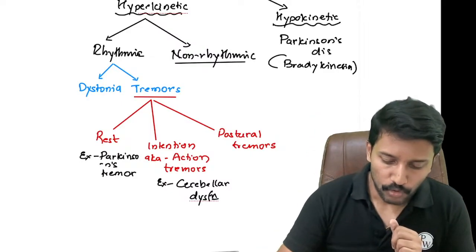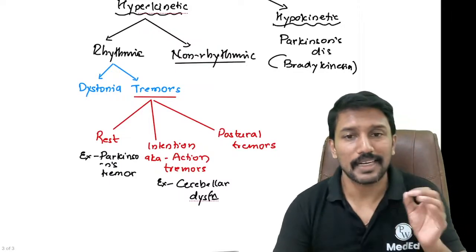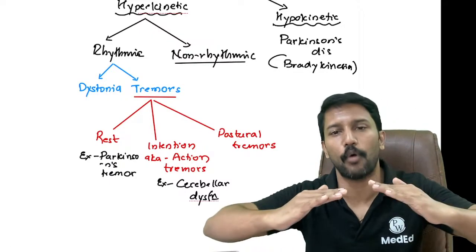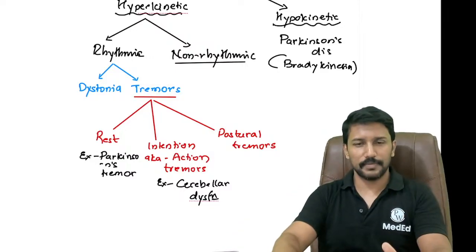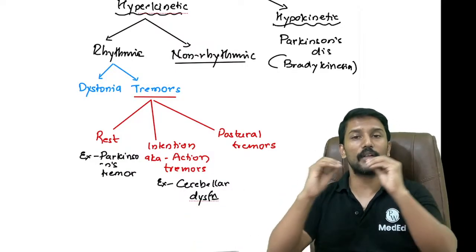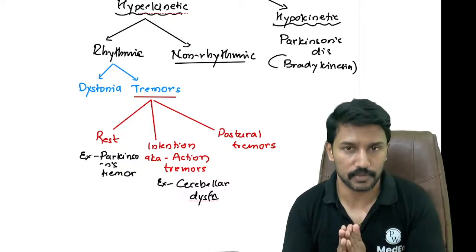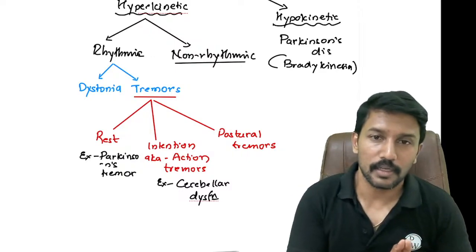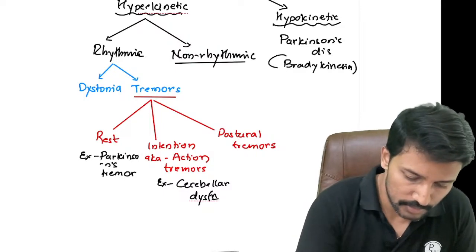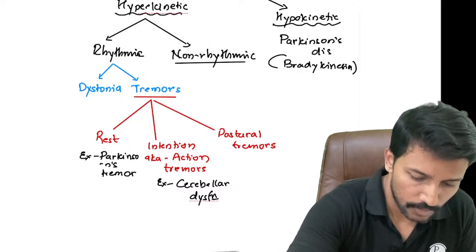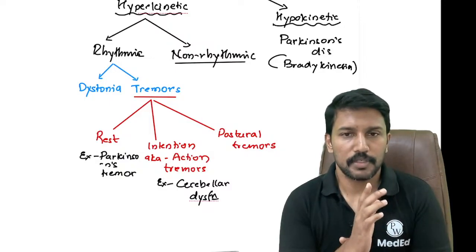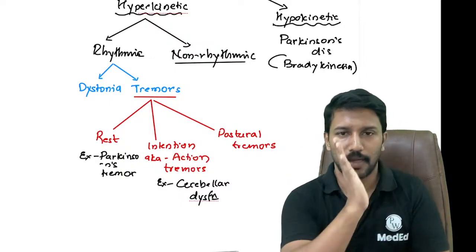Okay. Then postural tremors are those tremors which appear only when the limb is held in a particular posture. They are not there at rest. They are not there during the regular movement. You have to put the limb in a particular posture. Only then the tremor comes. Such tremors are called postural tremors. The classical example for postural tremors: you might have seen in the last FMGE or the previous FMGE, there was a question where they had given an image of a hand, right?